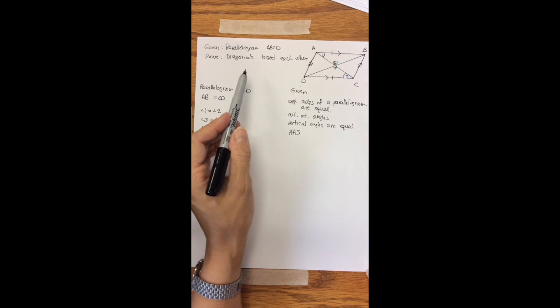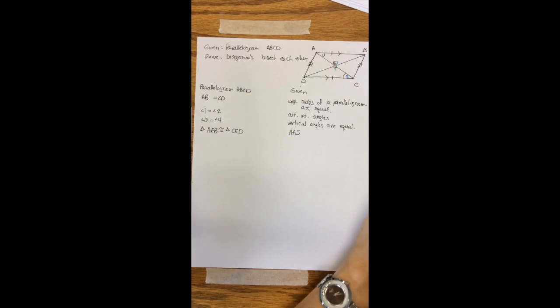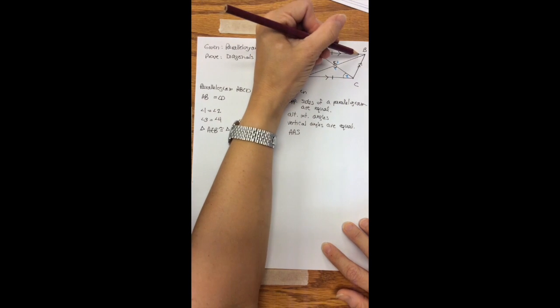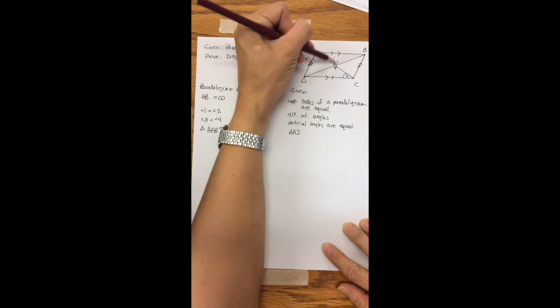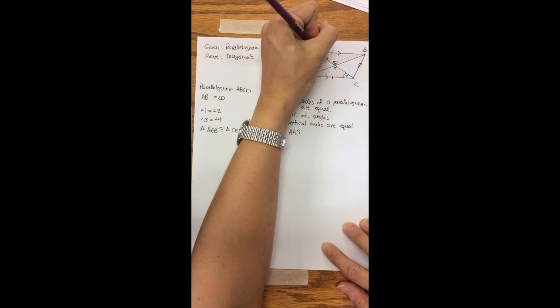And here we're trying to prove that diagonals bisect each other. So if we marked, let me get my colored pencil, if we marked this triangle congruent to this triangle, we know that corresponding sides are congruent.